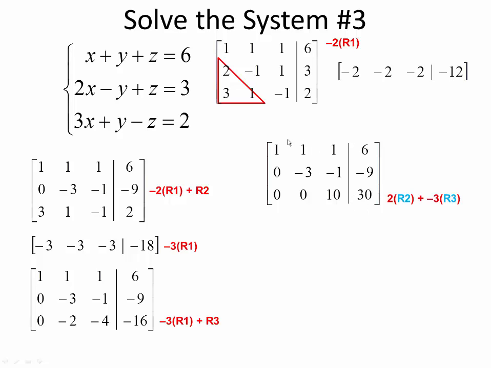Now I have my row echelon form. Just a quick little tidbit here. True row echelon form has all ones here, 1 and 1 and 1, with all these other numbers as something else. That's a little tedious, and I don't think it's necessary, because you know that you can divide both of these numbers by 10 to get a 1 here.